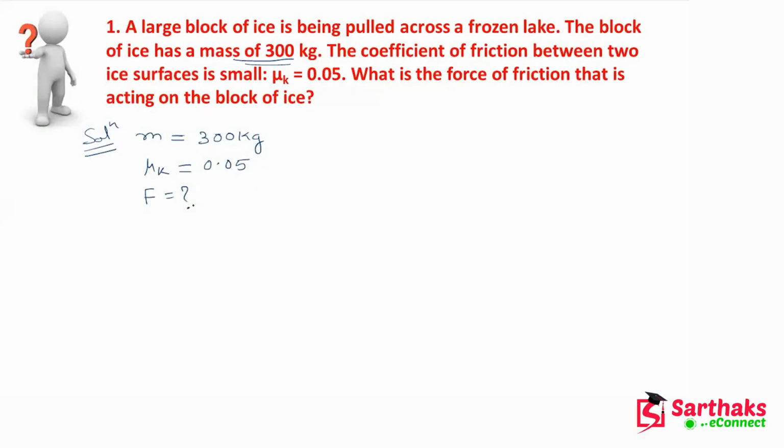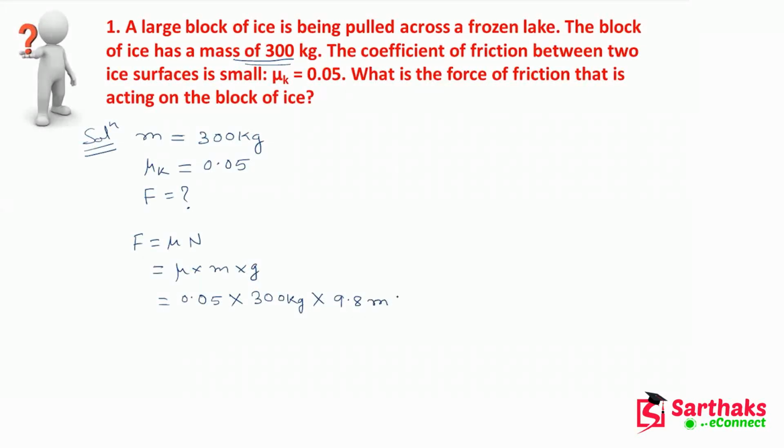Now you know that the force is nothing but mu into N, where mu is the coefficient of friction and N is your mg. So we can write mu into m into g. So here 0.05 into mass, 300 kg, into g, 9.8.